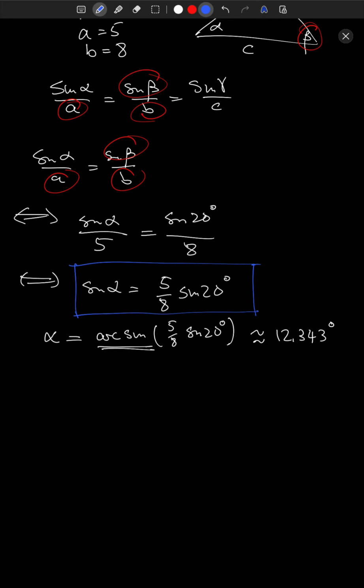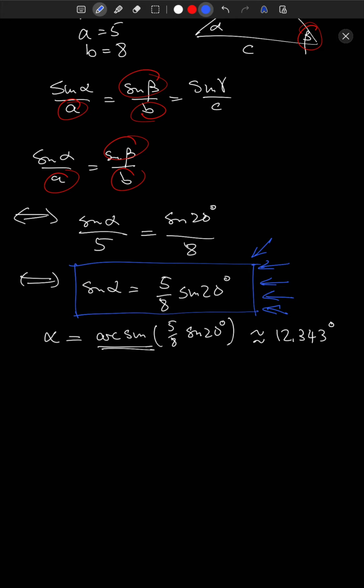So there's only going to be at most 2 solutions, right? When we use arc sine, we only get one of them. For sure, we can only get one of them. So we always, always, always have to check if there's another one, all right? Because when I write alpha equals arc sine blah, blah, blah, that's only one possibility, right? The actual problem we want to solve is this one, which has multiple solutions.